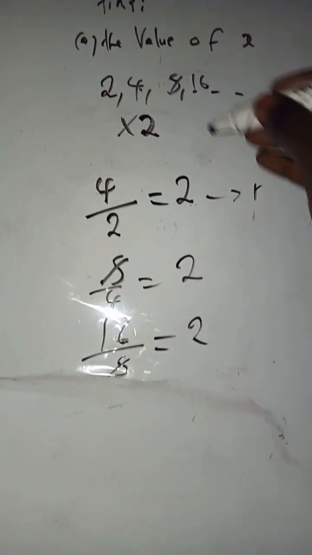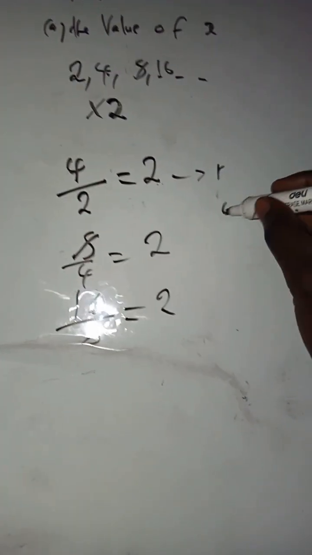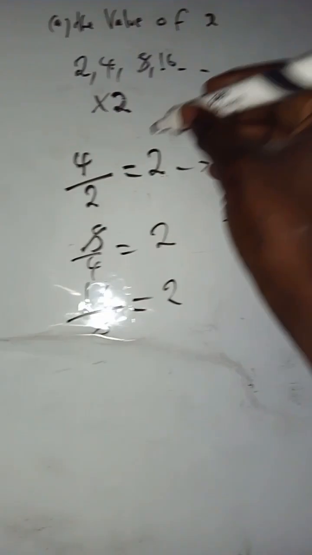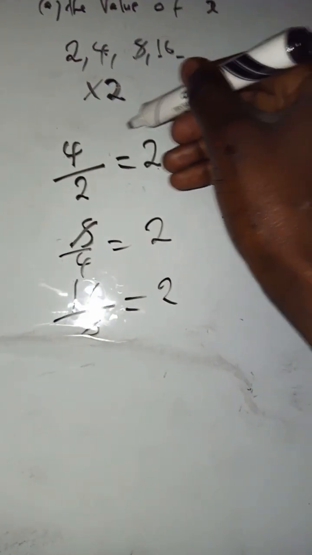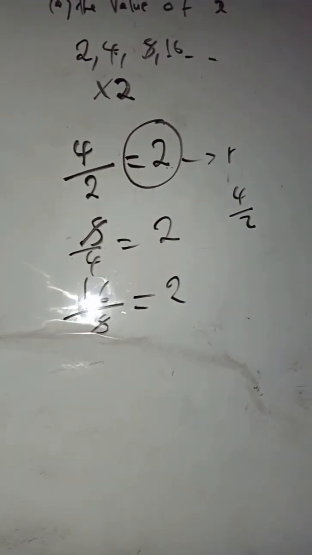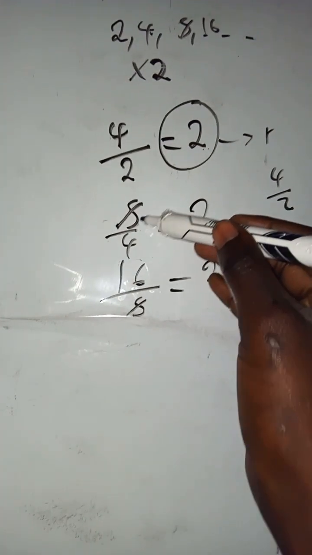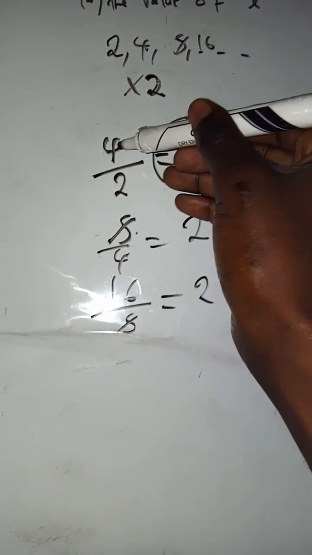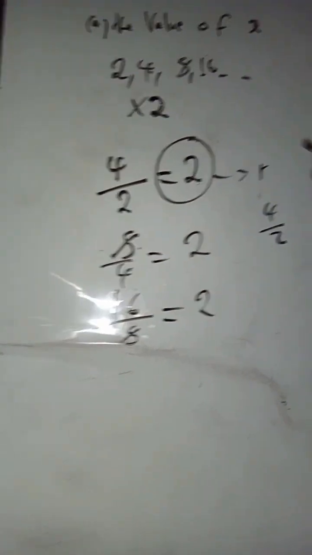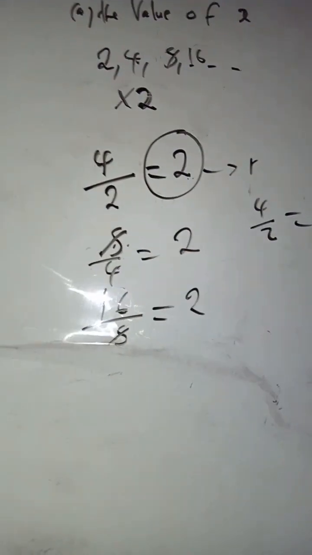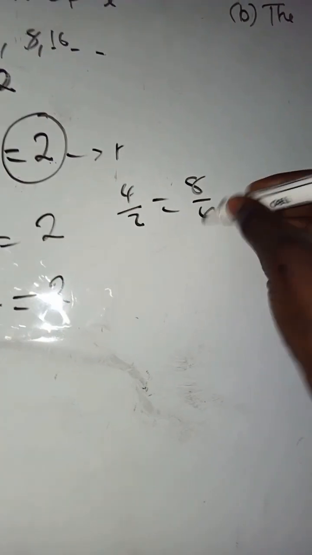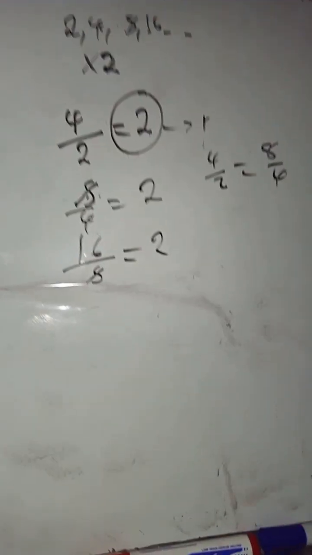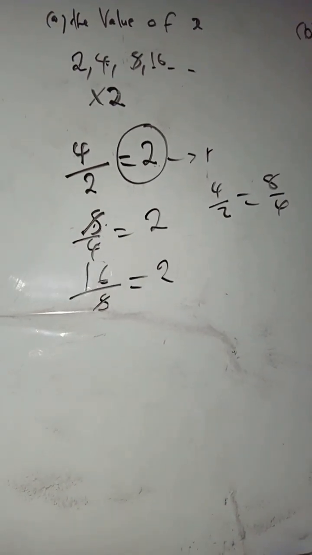And therefore, from this we can simply say 4 divided by 2 equals 8 divided by 4, because the answer will be the same. They're giving us 2 in each case.